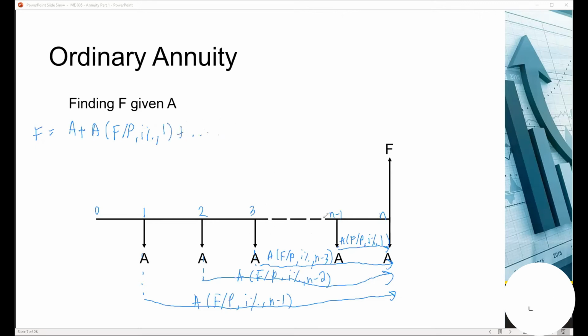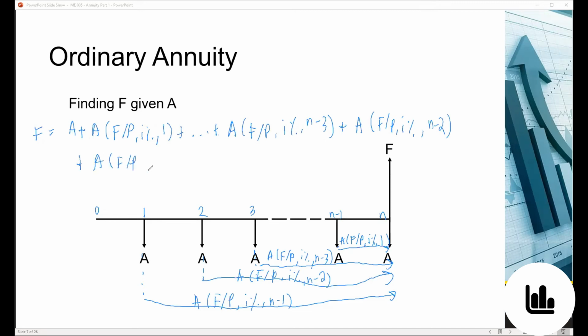Plus, siyempre, madami pa yan in between. Pero we will continue with A, F given P, interest rate, and period n-3. Then, A, F given P, interest rate, n-2, plus A, F given P, interest rate at n-1.